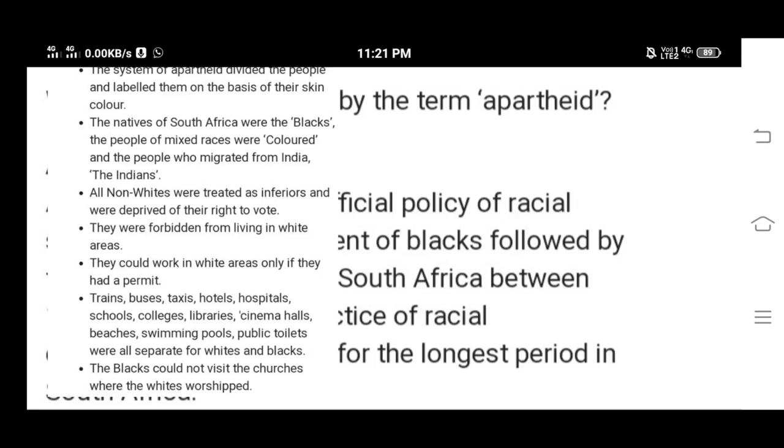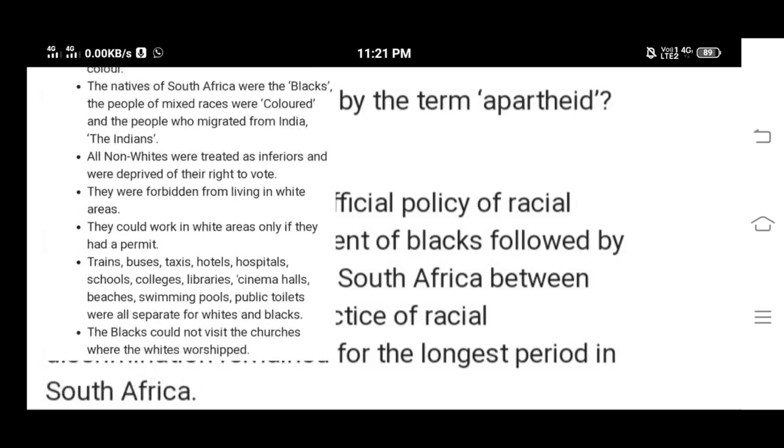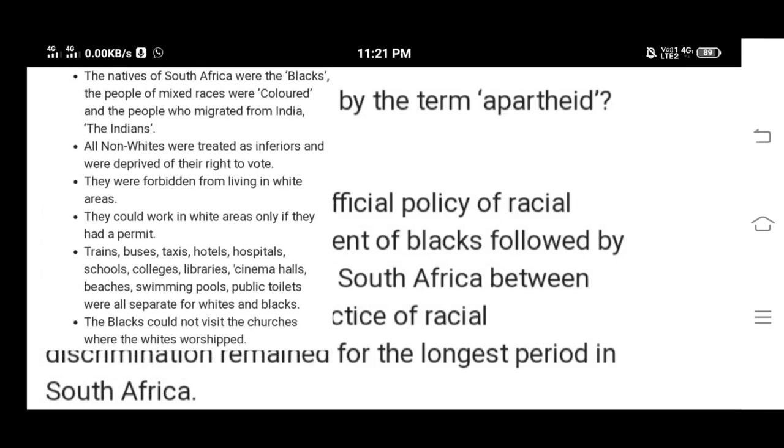That means these whites adopted the policy of segregation. And also blacks could not visit the church where the whites worshipped. जो चर्च थे जिनमें इबादत करते थे whites, तो blacks को वहां पे इजाजत नहीं थी विजिट करने की.